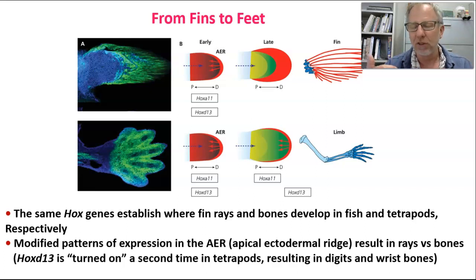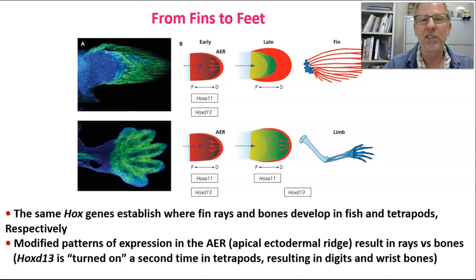So again, using a genetic perspective, what we could see is that the same Hox genes that establish where fin rays and bones develop in fish and tetrapods, the exact same Hox genes are used for both fins and limbs.